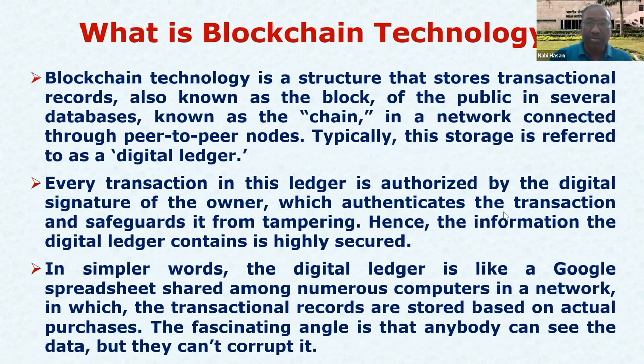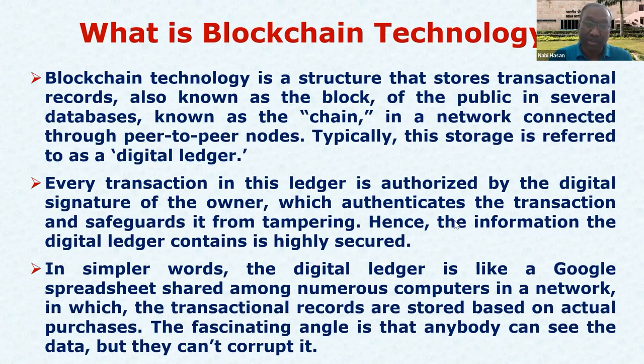So what is blockchain technology? Blockchain technology is a structure that stores transactional records, also known as the blocks, in several databases known as the chain, in a network connected through peer-to-peer nodes. Typically this storage is referred to as a digital ledger.